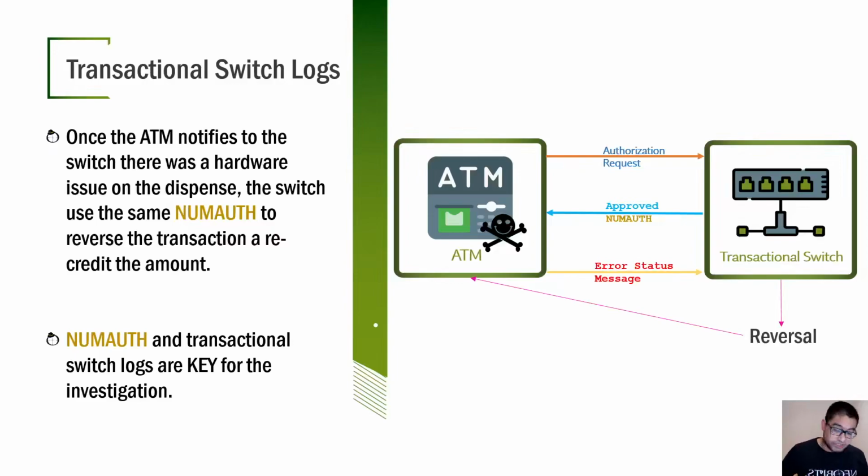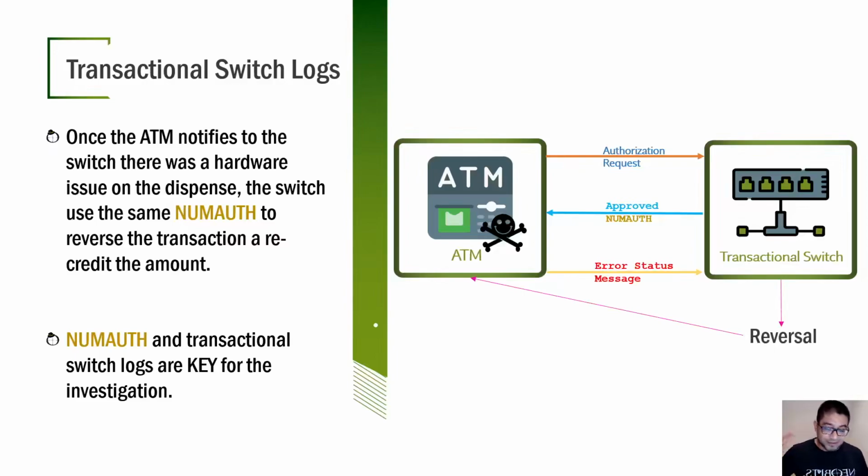But if it was approved, the transactional switch will set an authorization number, and this authorization number will be shared with the ATM. So when the ATM prints the journal or the receipt, it will write that authorization number, and this authorization number will still be there in the transactional switch. But at some point, as we saw in the previous example, we have an error, something happened in the hardware, and the ATM informed the transactional switch: you authorized this transaction, I accepted the authorization, I was going to give the money, but something happened with the dispenser and I don't know what happened to the notes.